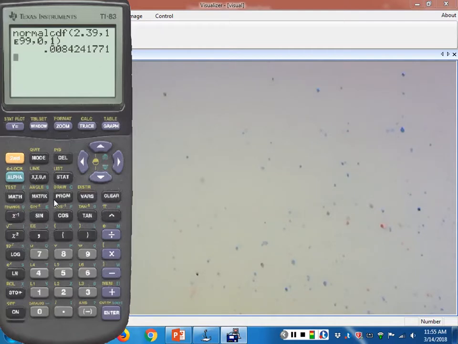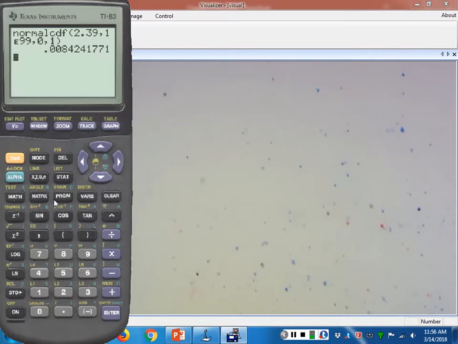Negative infinity would just be negative 1E99, going the other direction to the end of the number line, the same distance from 0. So it's just our best ability to represent to the calculator what infinity is.